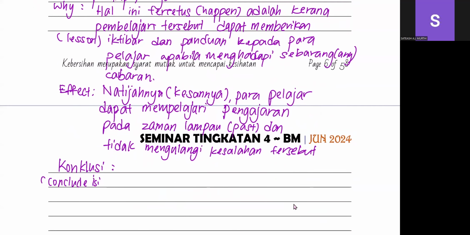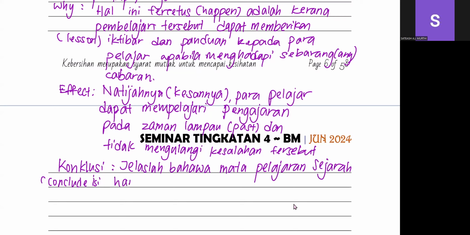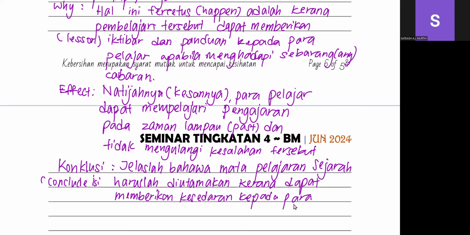So we can say, jelaslah bahawa, obviously that, mata pelajaran sejarah haruslah diutamakan, which is focus, kerana dapat to give them awareness, dapat memberikan kesedaran kepada para pelajar, to give to other students.